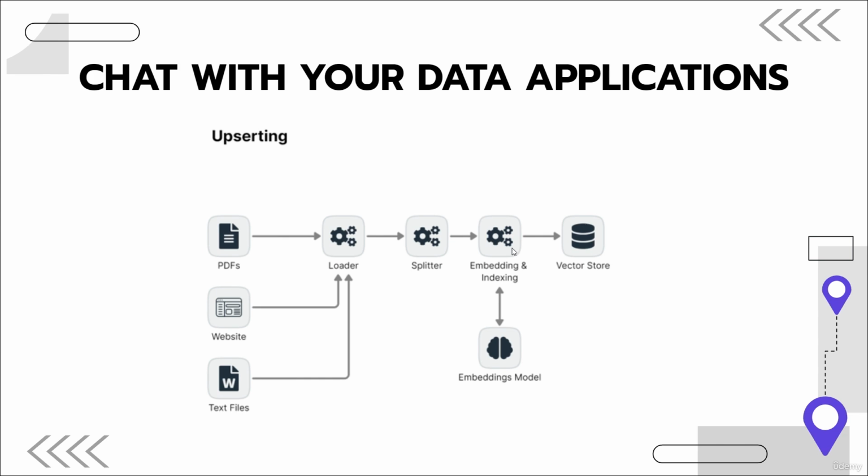This is a technical term for converting information into a set of vectors that a large language model can use to search for similar meaning. Once the embedding is done, each chunk is stored as a set of numbers associated with the associated text into a vector store. This whole process is called upserting, which means updating or inserting data into the vector store.